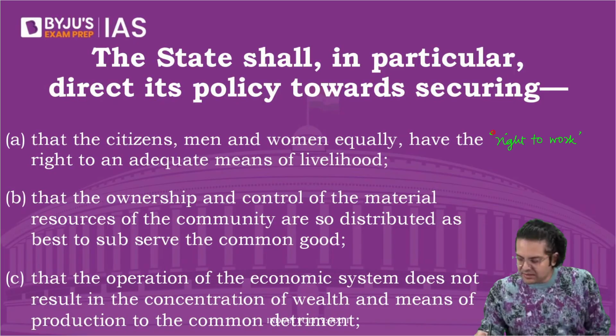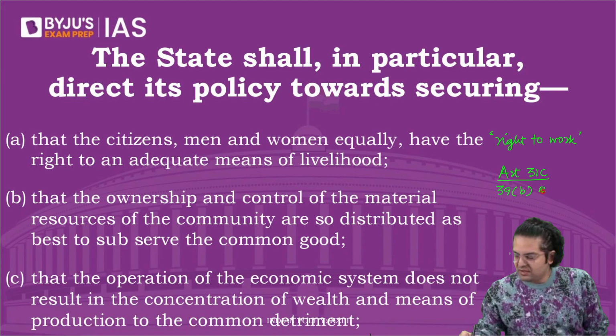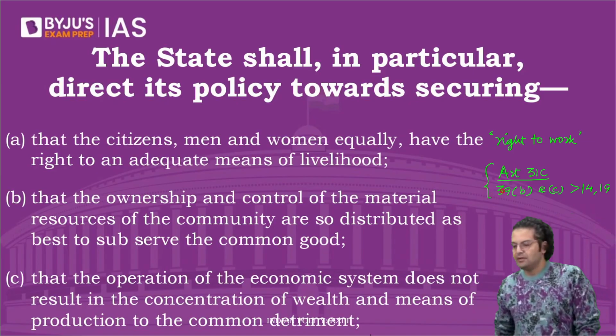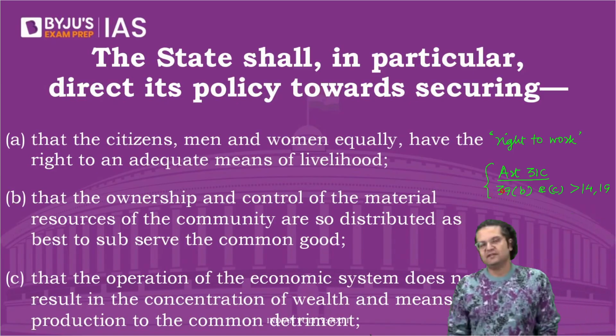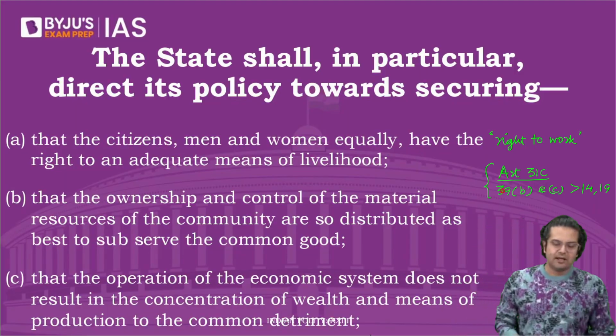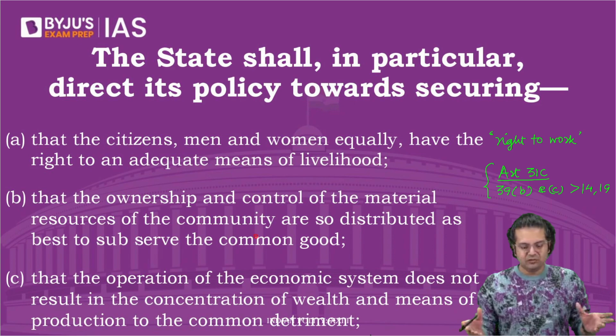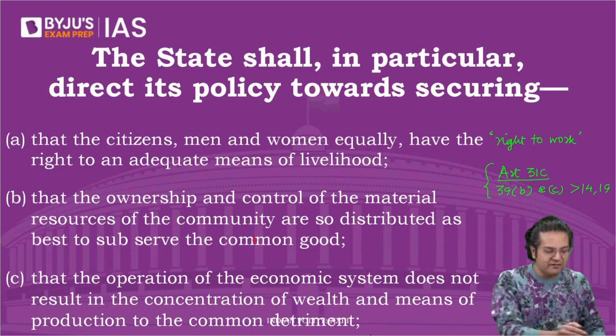As per Article 31C, 39B, and C have been given precedence over 14 and 19, right? Because the state can provide for redistribution of country's resources for everybody's benefit.